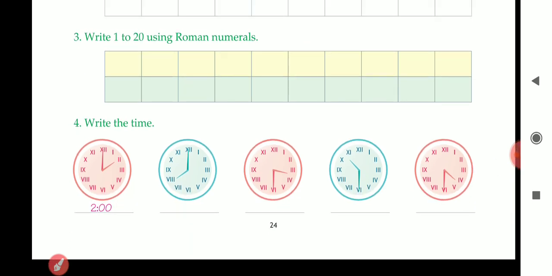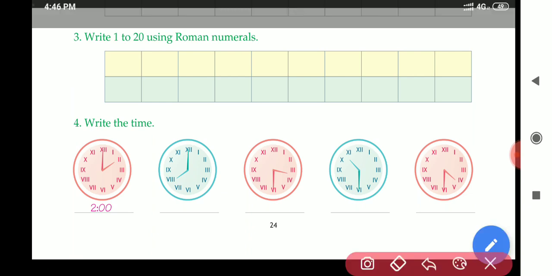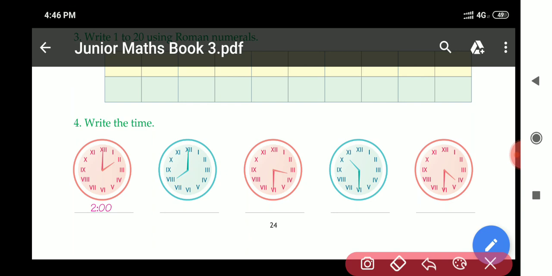Now come to question number 4. See, in question number 4 we have to write down the time. You know how to write the time, how to see the clock. Now see, first one is done. The smaller needle is at 2 and the bigger needle is at 12. So it is 2 o'clock. Okay, now here the smaller one is at 8 and the bigger one is at 12.